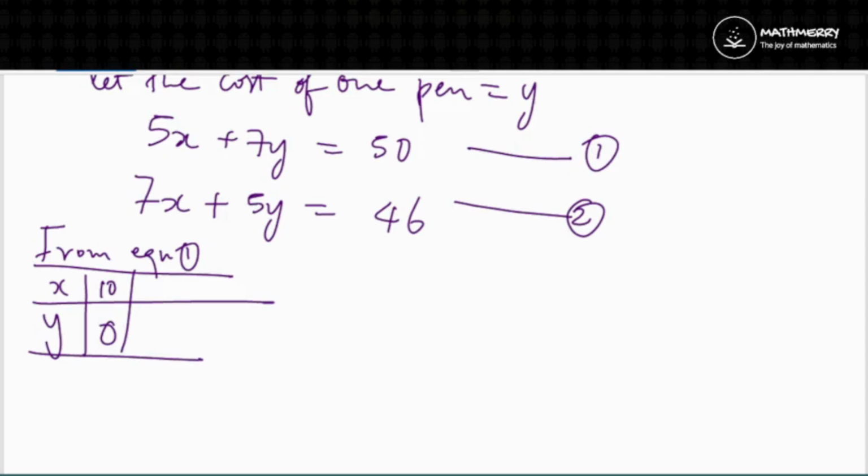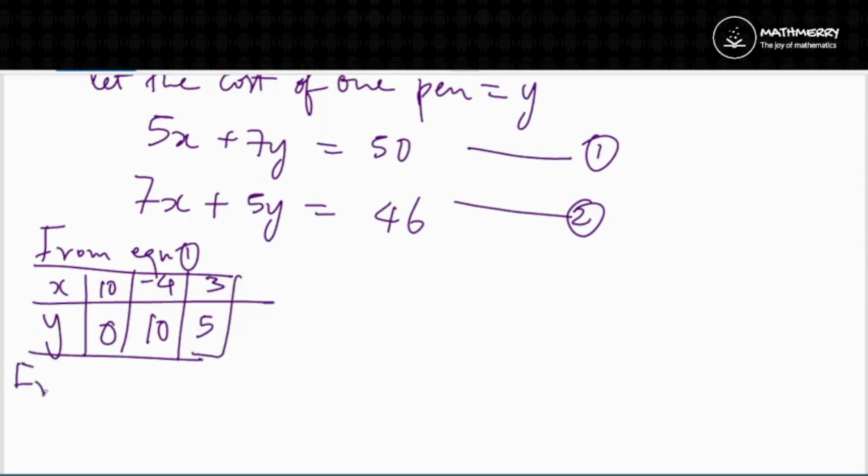What should come as x? x should come as minus 4. Now when we put x as 3, then we should put y as 5. So these are the points.